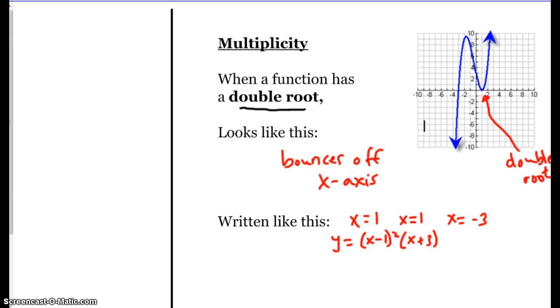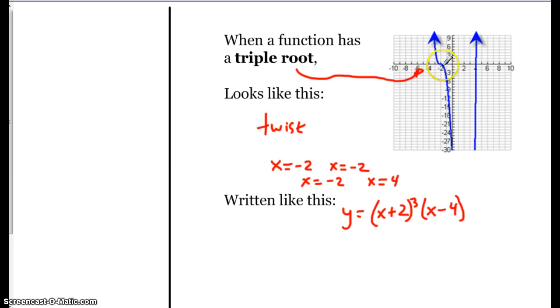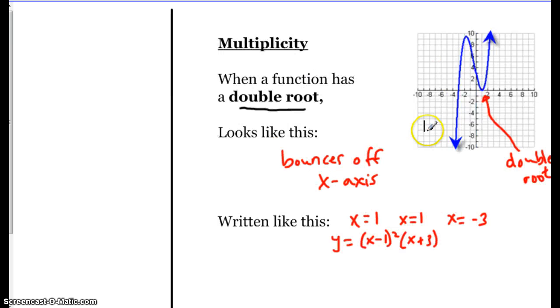Our last part here is on triple roots, and this is like a twist in what it looks like in the graph. It still goes through the graph, but it looks like a twist anytime you see that. That's called a triple root. So all our odd roots would go through the graph. This would be a single root, and this would be a triple. But our even would always bounce off the graph.